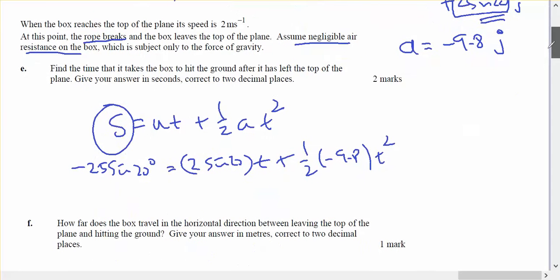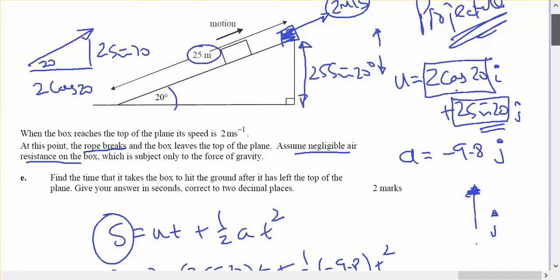On a calculator, solve for t. So I'm considering the J component where that is positive. Therefore, when it leaves, it has some initial positive J velocity. A component of the 2 will be up, and the acceleration is only in the J because it's to do with gravity.